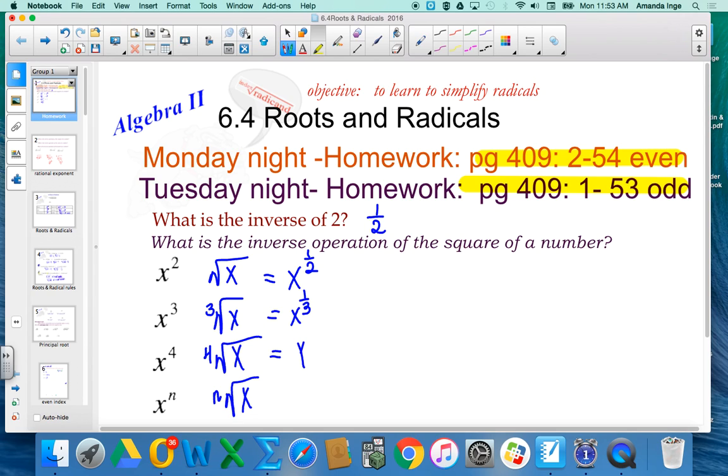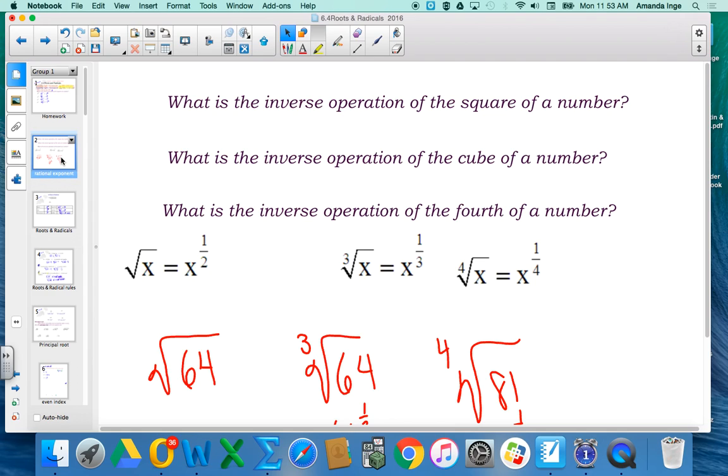X to the 1/4 power is equal to the fourth root of x. So x to the 1/n is equal to the nth root of x. So that's why I have written up here the square root of x is equal to x to the 1/2, the cube root of x is equal to x to the 1/3, and the fourth root of x is equal to x to the 1/4 power.